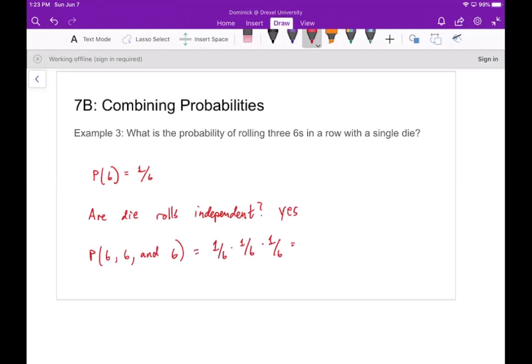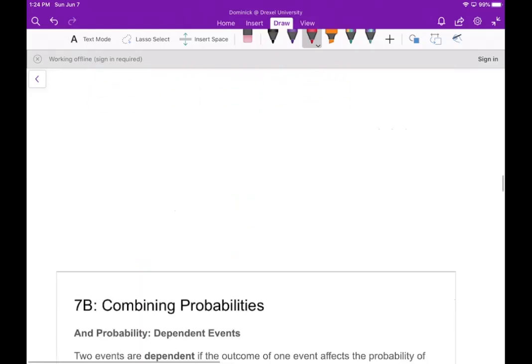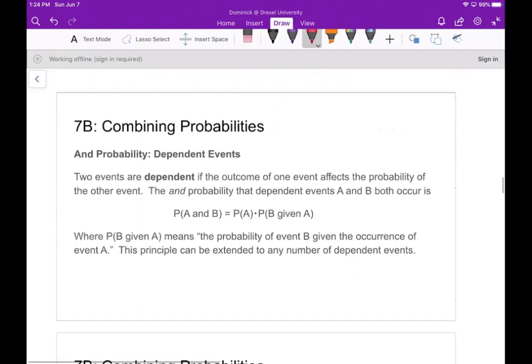That would give me, I think, 216, but let me double check. Yeah, 216. So we get 1 out of 216 there. So that's our probability of rolling 3 6s in a row with a single die. Okay, so it's fairly easy for independent events.